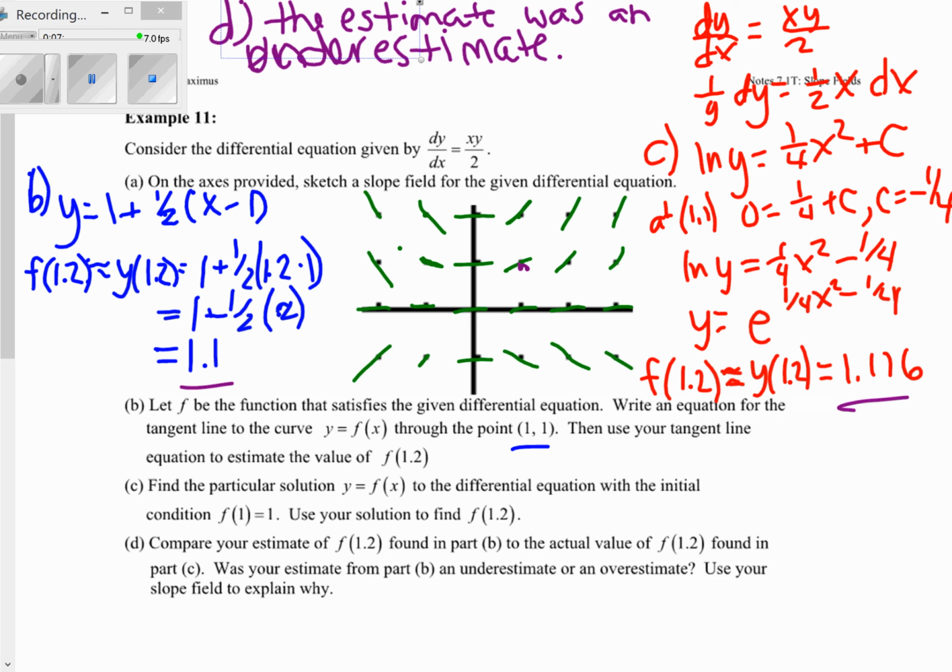So we're talking about an equation here. If we drew our particular solution, right, it's always going to be concave up. So we'll say because the slope field, or we could call it the solution curve, would be concave up.